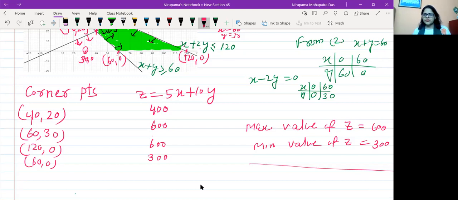Putting x0, y0, we can check whether the solution portion is towards the origin or away from the origin. And if the line passes through the origin, we will not take the origin as a landmark. We will take any point other than the origin. If it satisfies the inequation, then the solution will be towards that point. Otherwise, it is away from that point.